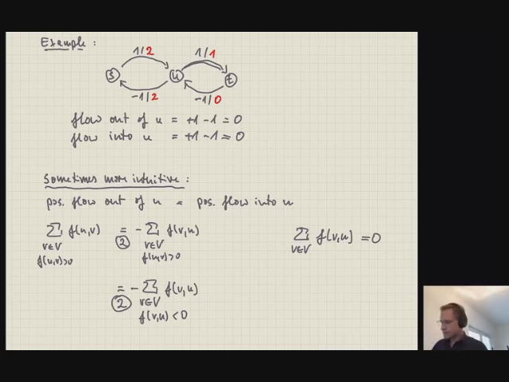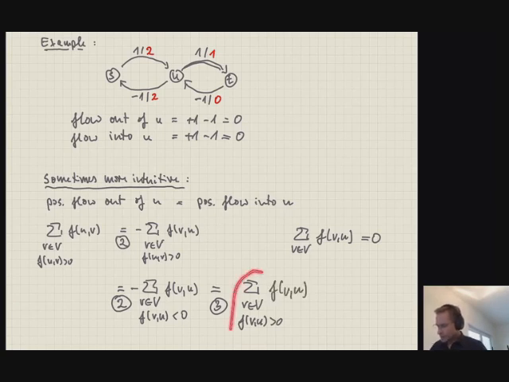And this sum here is the sum of all the positive and all the negative flows into U. And therefore, by flow conservation, this must be equal to the positive flow from V to U. And this is exactly the positive flow into node U.